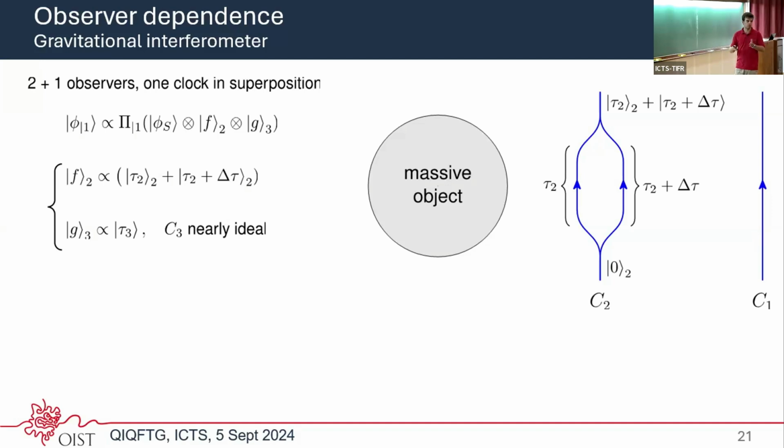You split the branch with some beam splitter or something. I don't know, I don't do experimental physics. But you send one branch to a massive object. The other branch just stays on its course. And then you combine the branches again. Then there will be some time shift between these two branches. And this will lead to a superposition state for clock 2. And for clock 3, we just say it's some clock state with a clock spectrum that's nearly ideal.